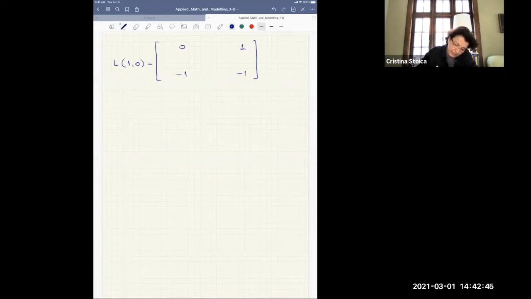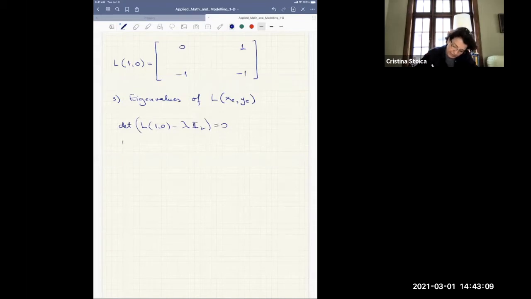So next are the eigenvalues of L at the equilibrium. That's what we have to find out now. So we have to do the determinant of L at 1, 0 minus lambda I2 equals 0.